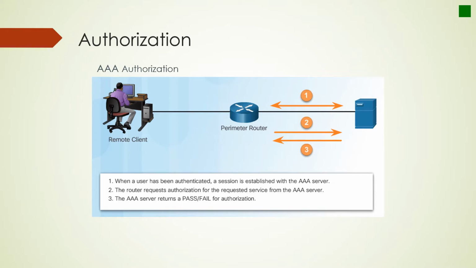Then the server will check if this specific username, this specific remote client, has the authority to do a specific task. The AAA server will check if the remote client is authorized to do the specific task, or if the remote client will be granted the request.